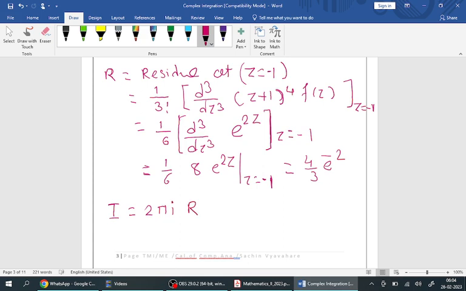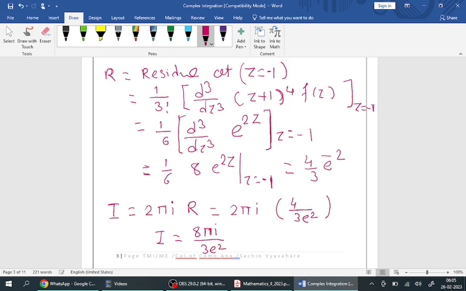In this case, only one residue is there, so 2 pi i into R. If you replace the value of R, we get 2 pi i into 4 by 3 e square. I will take this e raised to minus 2 in the denominator as e square. So the value of the integral is 8 pi i upon 3 e square.